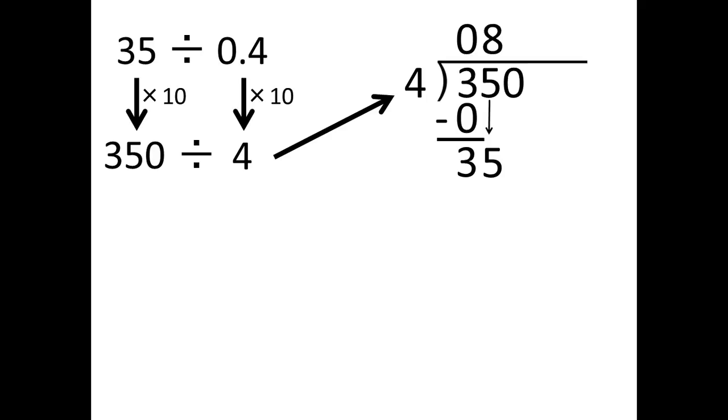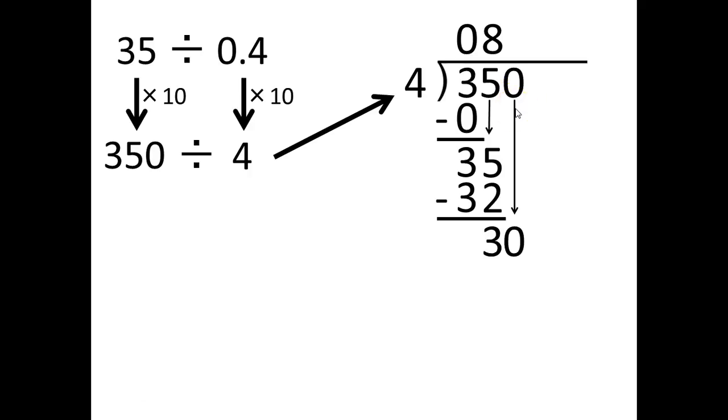I can't have 9, but I can definitely have 8, right? So then I do 8 sets of 4. 8 times 4 is 32. And I subtract 32 from 35, and I'm left with 3. Then I bring down this 0 and I get 30.